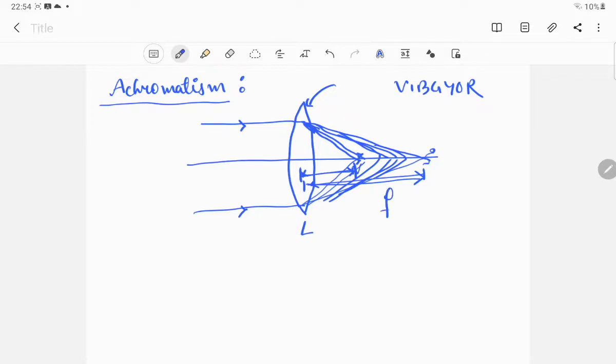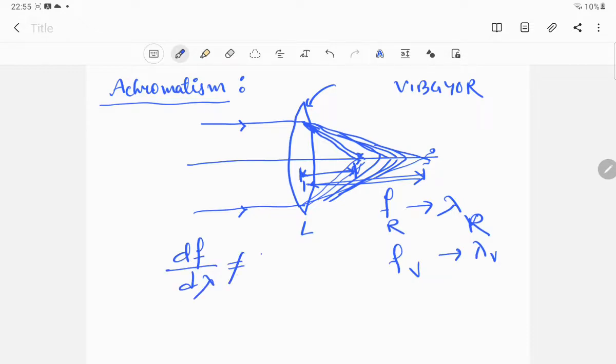That means the focal length is changing with respect to what? Wavelength. For the red wavelength there is a different focal length, for the violet wavelength there is a different focal length. So you can see that variation: the focal length is varying with respect to lambda.